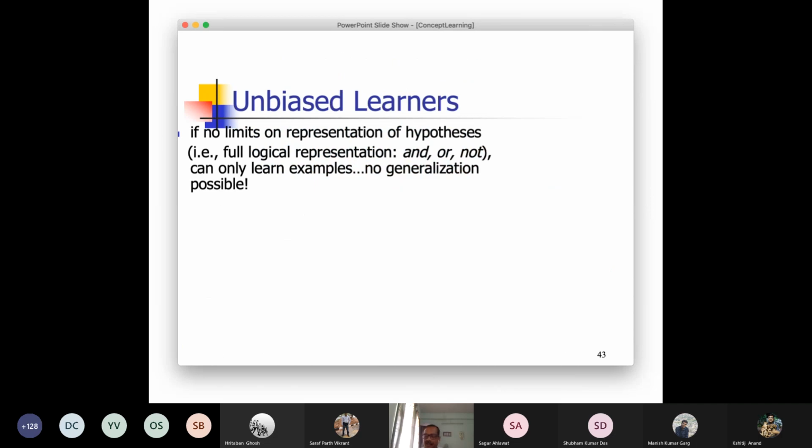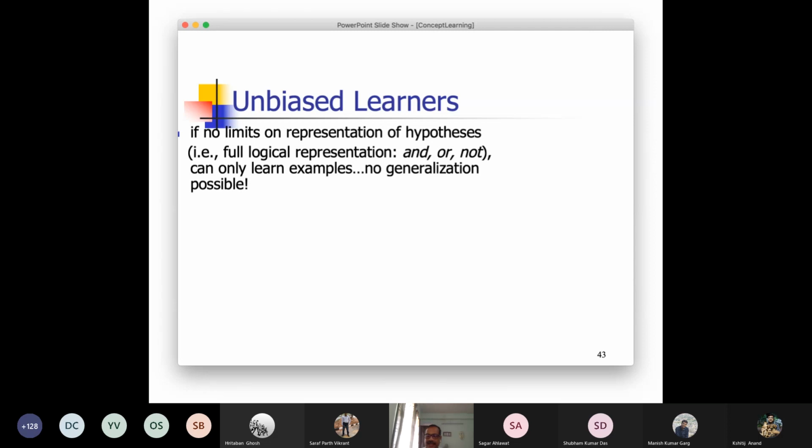Now, there is always a catch. When you have a more powerful representation, you may land up in a situation that is not useful for your representation also. Suppose you represent each and every instance in your sample space in a table. You consider all of them with their labels.